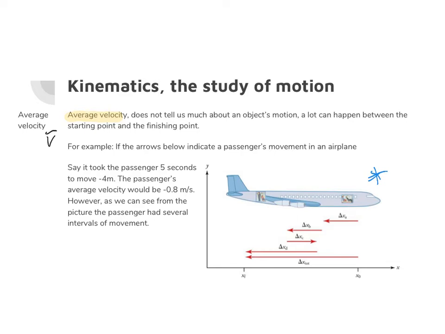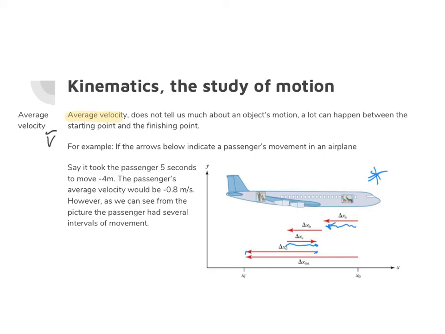The passenger went from the front of the airplane a little bit back, took a little break, moved again towards the back of the aircraft, then moved forward, then again moved towards the back. If we calculated our average velocity, it took the passenger 5 seconds to move -4 meters.